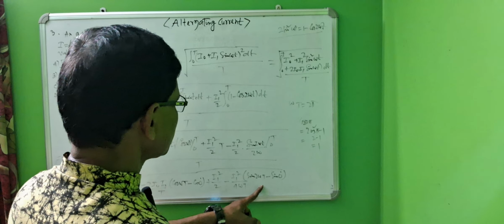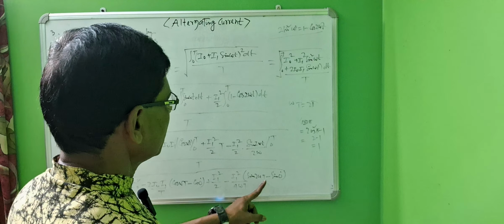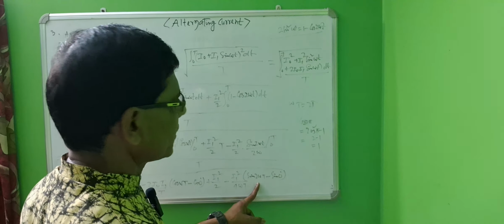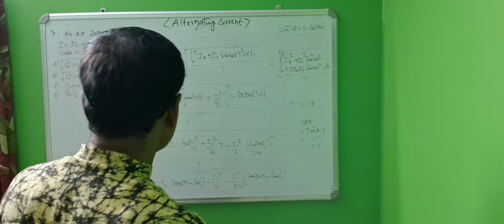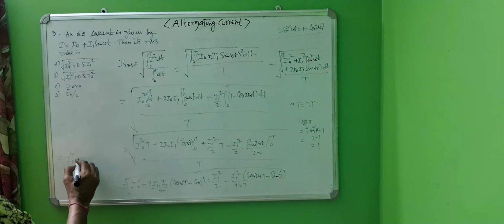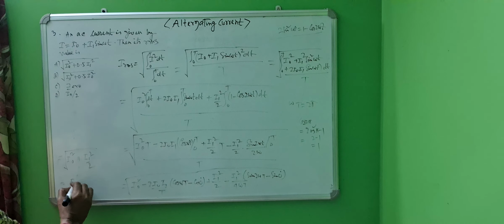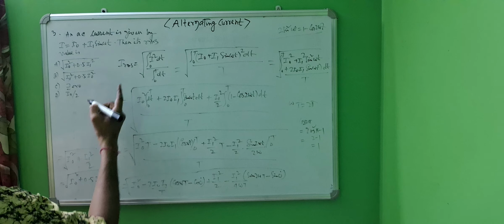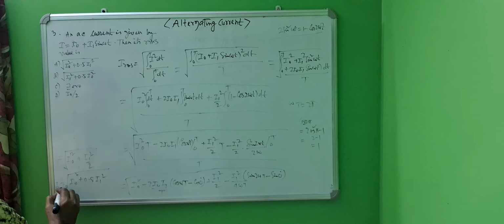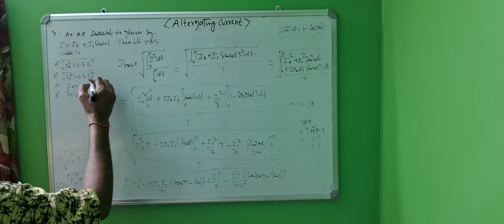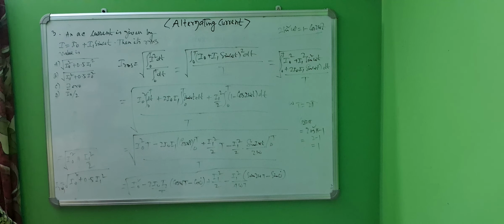This term is present, and sin of omega t equals sin of 4 pi equals 0, sin 0 is 0, so this term also vanishes. So these two are present, I1 square by 2. So I0 square plus 0.5 I1 square. This is I RMS. So answer A.